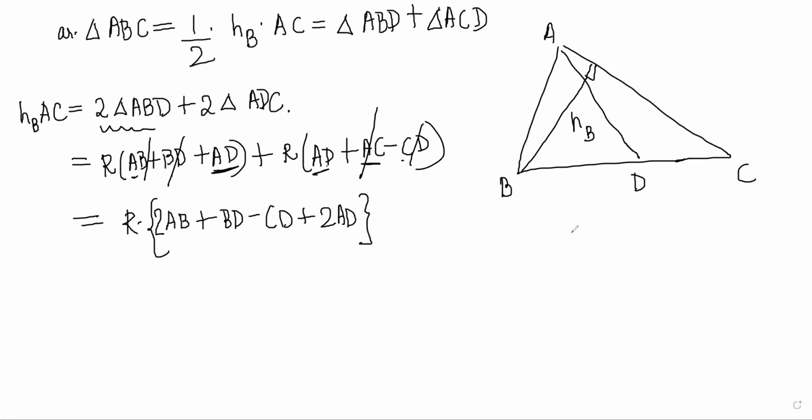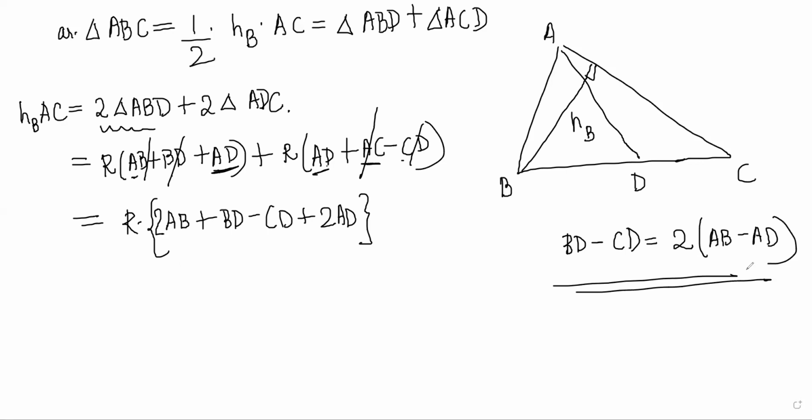Correct? And now just now we derived BD minus CD was equal to 2 times (AB minus AD), right? In the previous screen, we had done this derivation, when we had compared the areas of the two triangles and written it as BD by BC and cross multiplied and gotten this using Stewart's theorem, right?